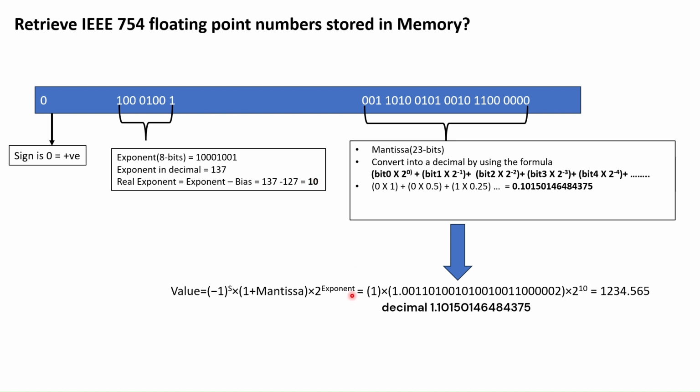So here the sign is 0, and minus 1 power of 0 is 1. So 1 into 1 plus my mantissa, into 2 power of 10, which is 1024. So I will get the value as 1234.565.